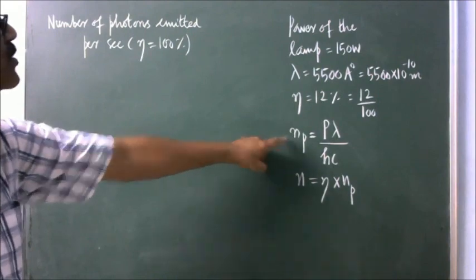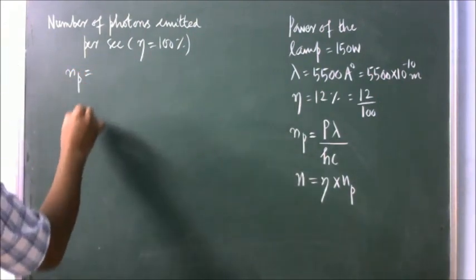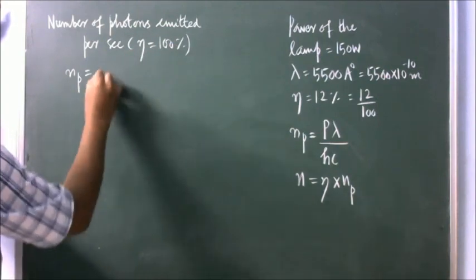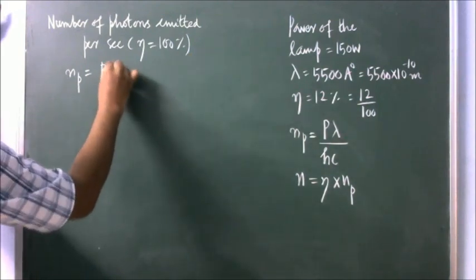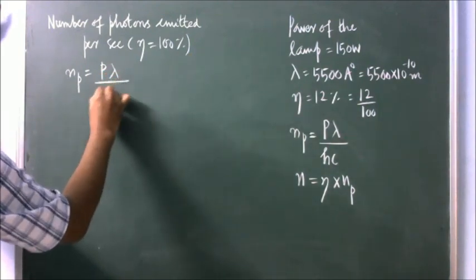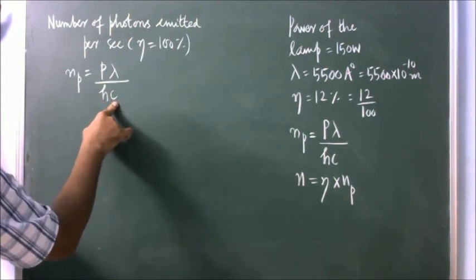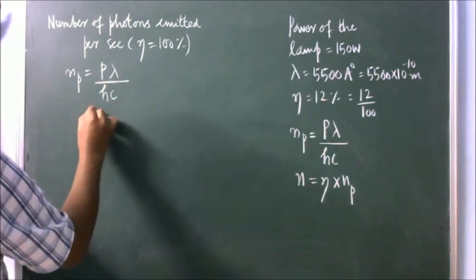For that we have to use this formula: NP, the number of photons emitted per second when the efficiency is 100%, equals P, the power of the lamp, into wavelength, divided by h into c. h is Planck's constant, c is the speed of the electromagnetic wave, and lambda is the wavelength of the light emitted.